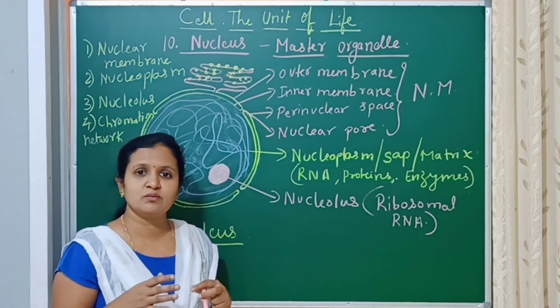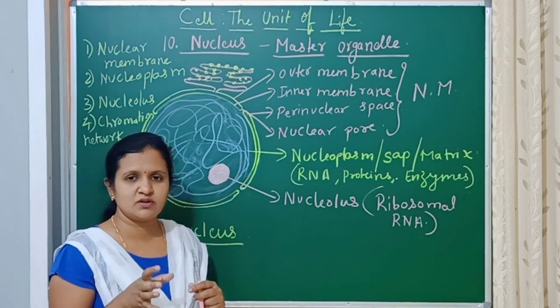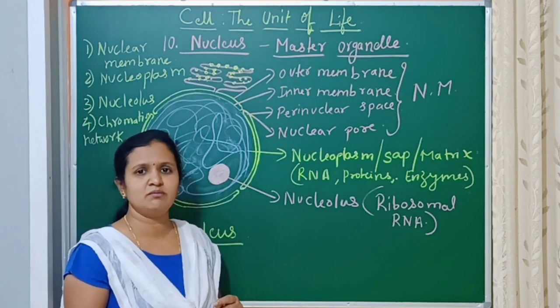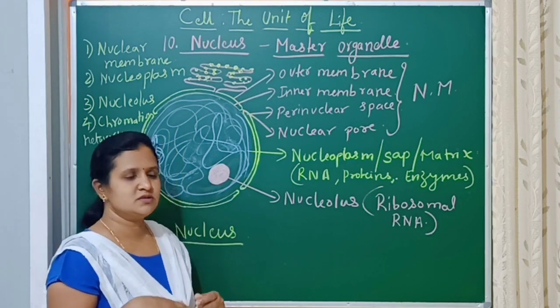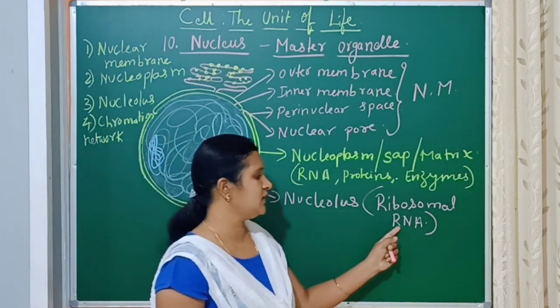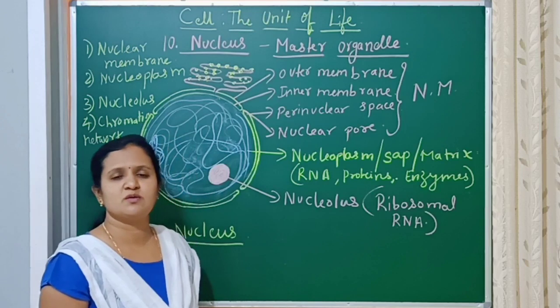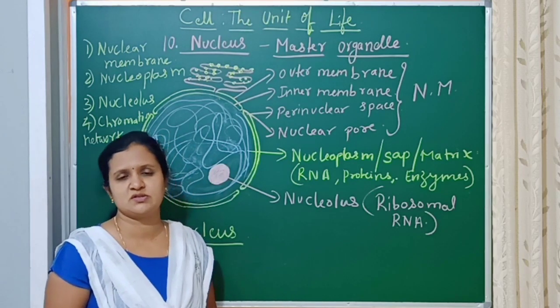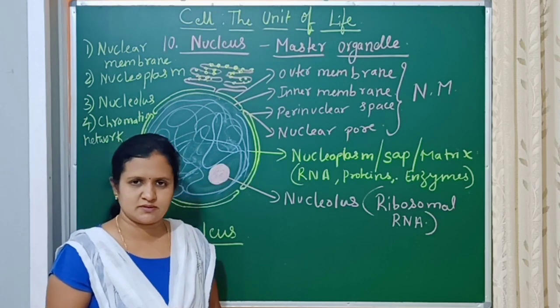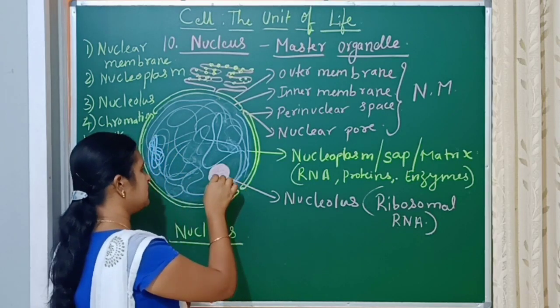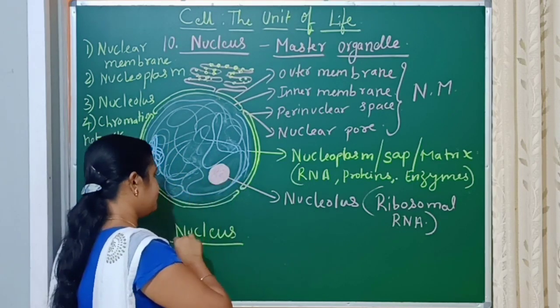In such cells the nucleolus is large and many in number because it has to synthesize the RNA necessary for the formation of ribosomes, which are involved in protein synthesis. And this is about the nucleolus present in the nucleoplasm.